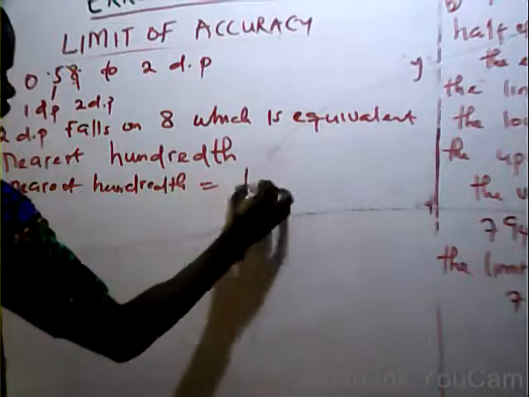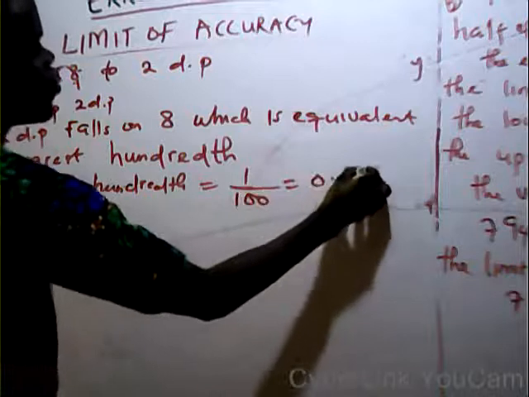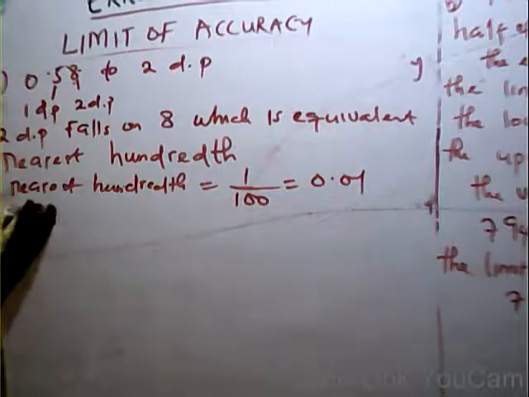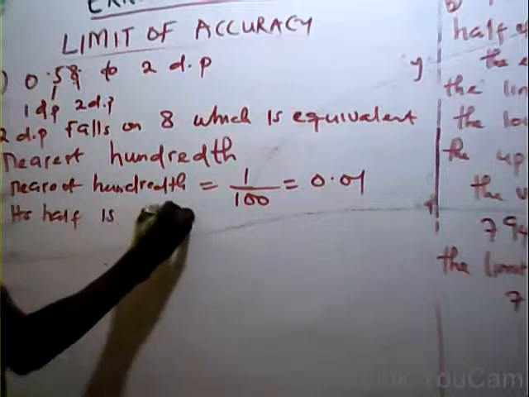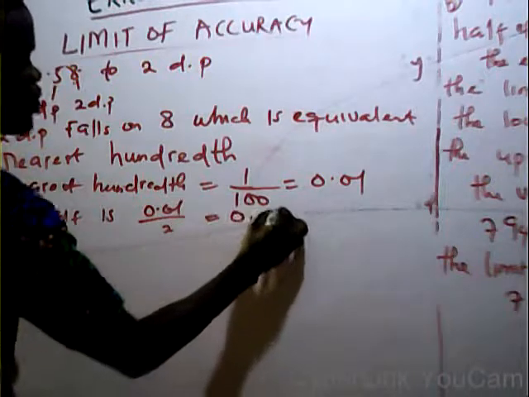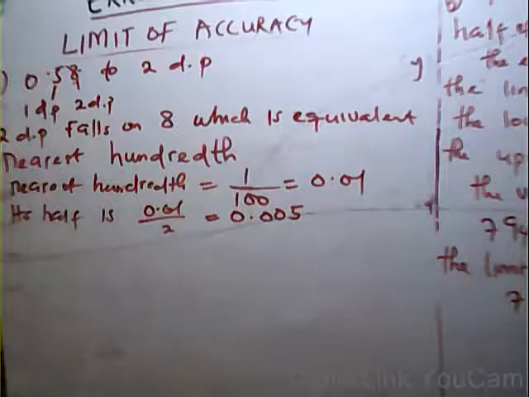It's equal to 1 over 100, which is 0.01, right? So its half is 0.01 divided by 2, which is 0.005. Hope you get it now.